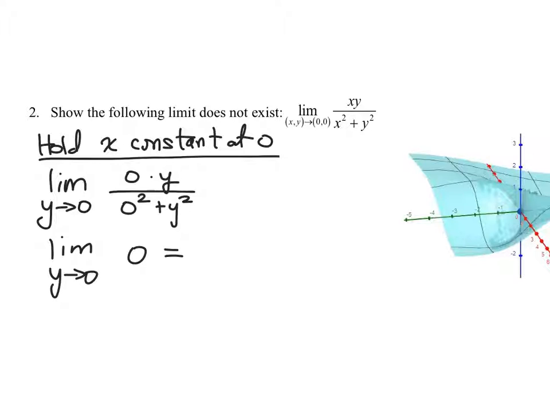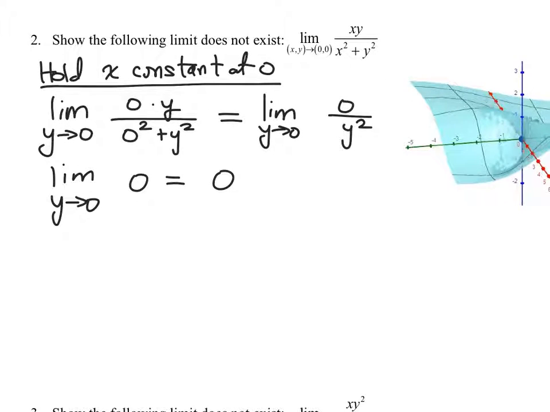All right? I'll show the intermediate step now that I think about it. Limit as y approaches 0 of 0 over y squared. And that 0 over y squared simplifies down to just 0, and the limit of a constant is a constant. All right, so we have a value to compare with, all right?